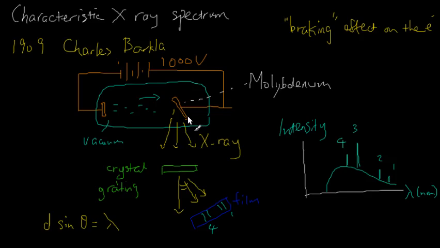And because it's all random, there's likely to be a whole range of energies that are lost, and therefore a whole range of X-ray photon energies that are produced. And that explains why we have this smooth part of the spectrum here. Right? It's due to the random collisions, which result in the incoming electrons losing a range of different energies.